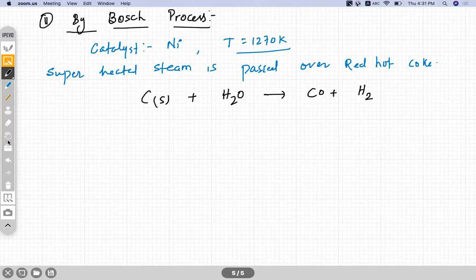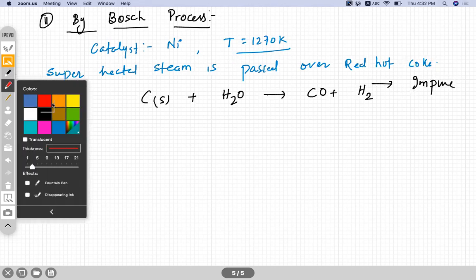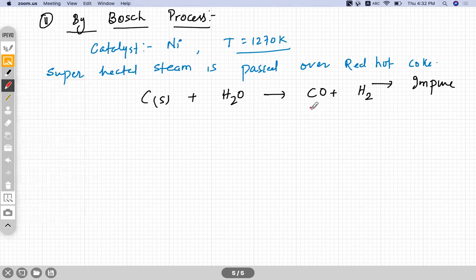This is not cobalt, this is carbon monoxide. The hydrogen that we get here is impure hydrogen because of the presence of carbon monoxide in this. And this mixture, we call it water gas. CO plus H2, important information. It is water gas, right?